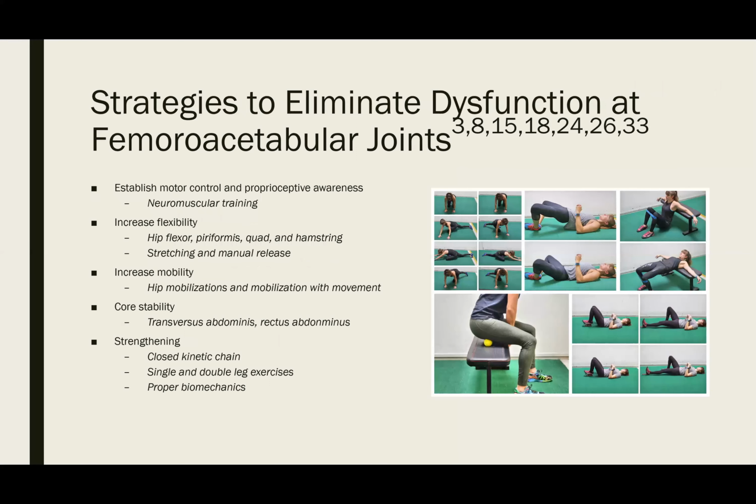So, some strategies to address multiple dysfunctions at the femoral acetabular joint. Clinicians must establish motor control and proprioceptive awareness, utilizing neuromuscular training or exercise interventions that focus on increasing neuromuscular control. Additionally, increasing flexibility using stretching and manual release are beneficial in promoting an increase in range of motion and hip mobility.